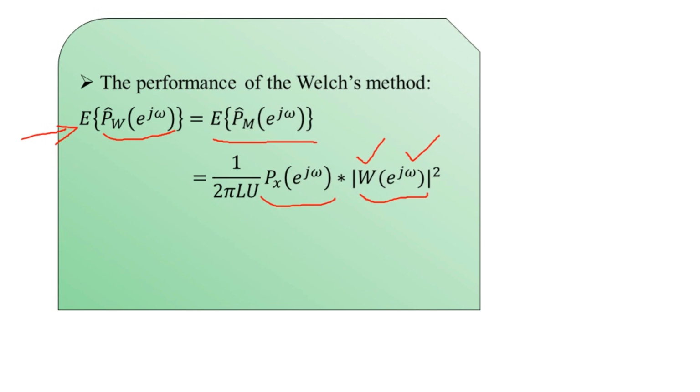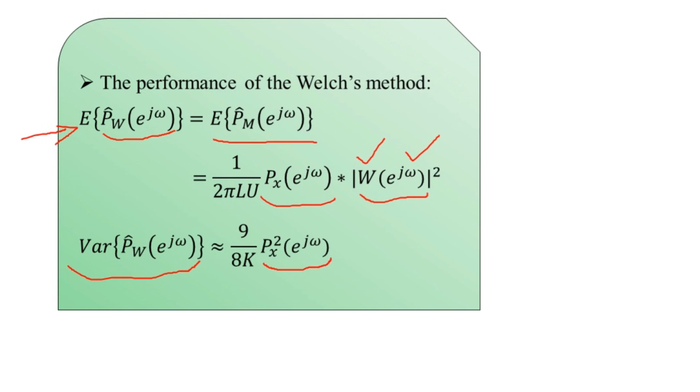If we take the case of the Bartlett window and consider 50% overlapping, the variance of the Welch power spectrum estimate can be approximated as 9 by 8 times 1 upon K, multiplied by the square of the power spectral density Px as a function of e to the power j omega.